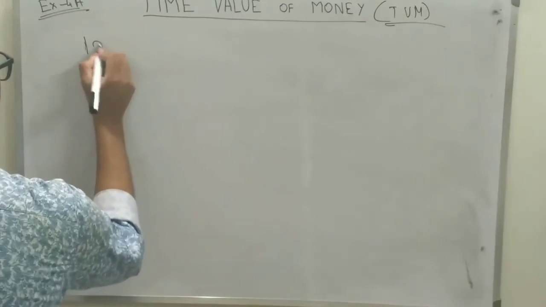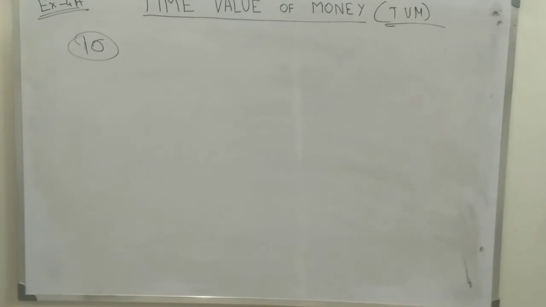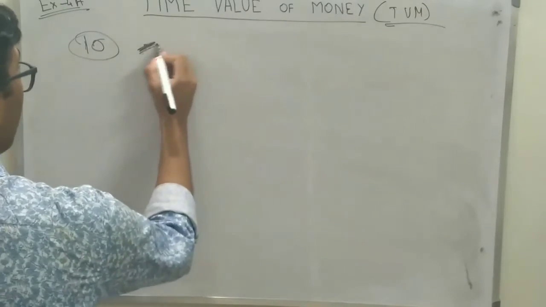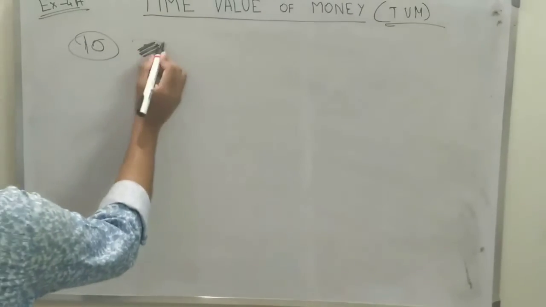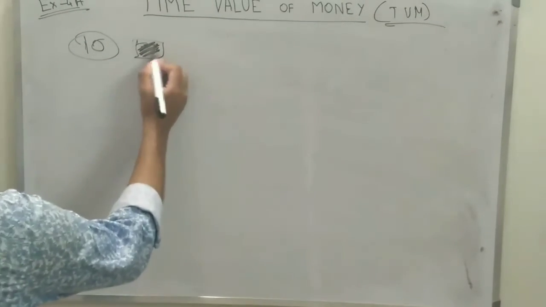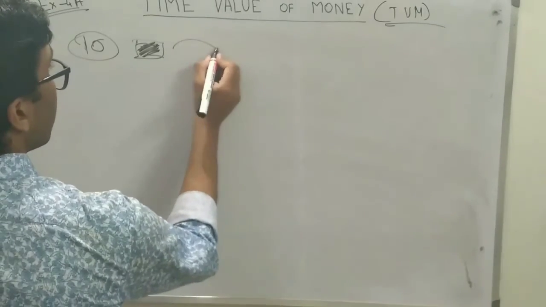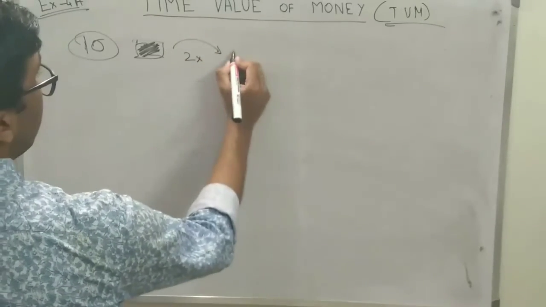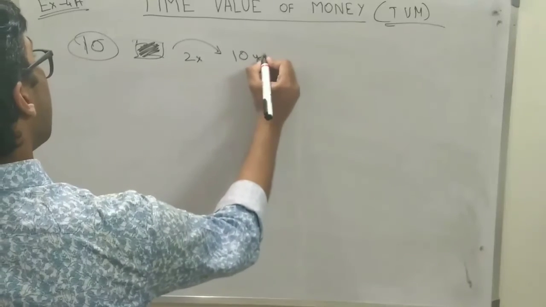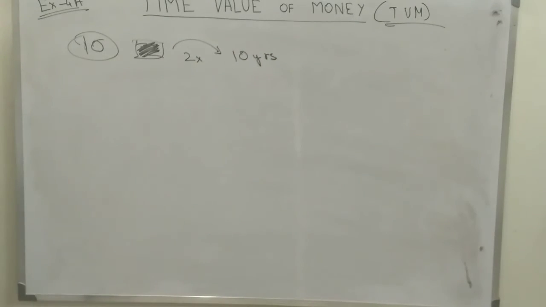Now the last question of exercise 4A, question number 10. It is said the sum of money doubles itself in 10 years. Then the question is the number of years it would triple itself is.